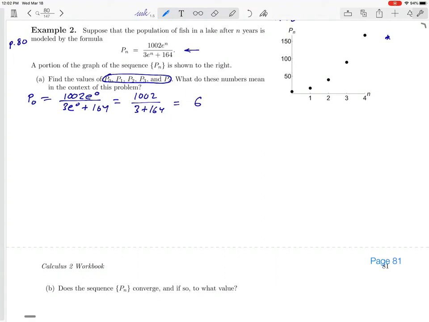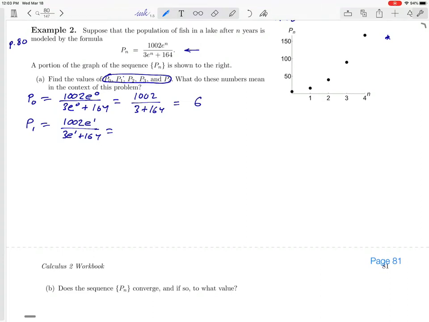We can do that for any value of n. So the next number on our list is P1. Let's calculate that. It's going to look exactly the same as what we just did, just that we're going to plug in a 1 for all of our n's. This time the numbers aren't quite as nice, but that's still something that you can put into your calculator and get a number out.